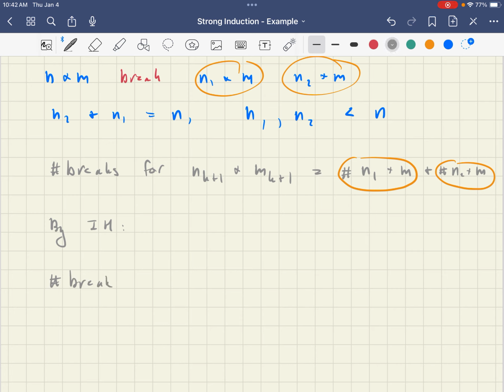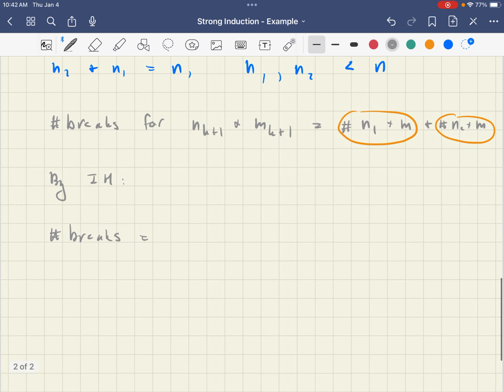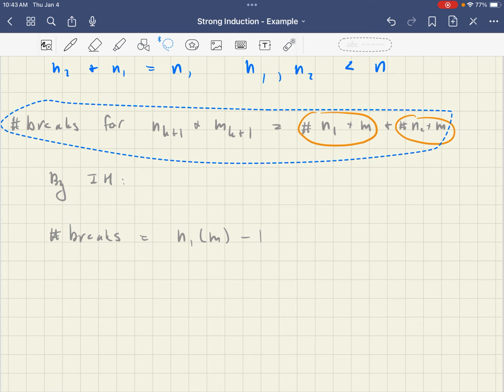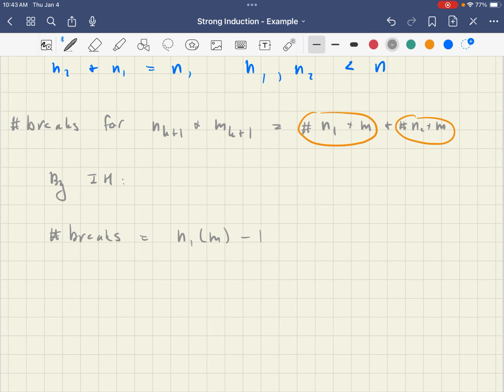Number of breaks equals n1 times m minus 1. Oh, and one thing I forgot up here, which is pretty vital, is that this isn't necessarily true.